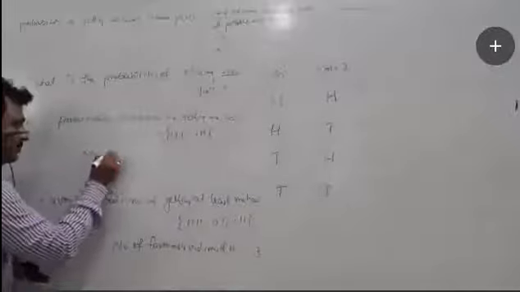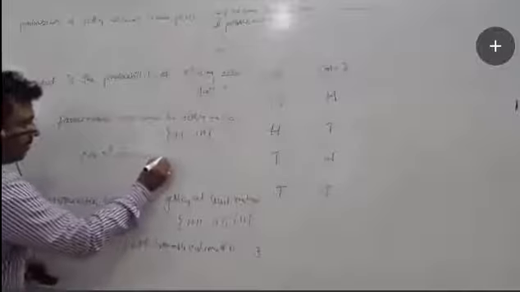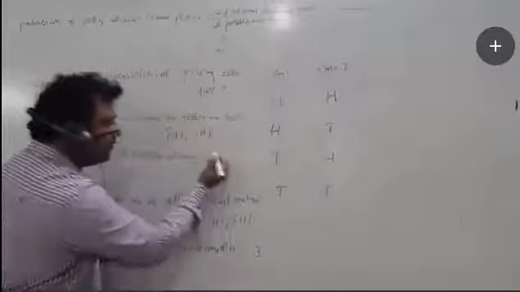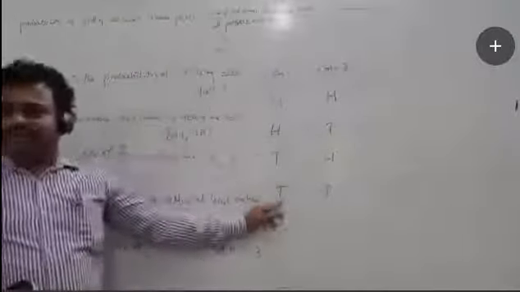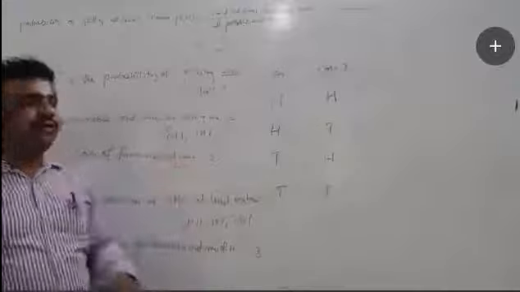The number of favorable outcomes, how many? Yes, 1, 2. There are 2 favorable outcomes. Okay, students, now all possible outcomes are, yes, nothing but 4. There are 4 possible outcomes.